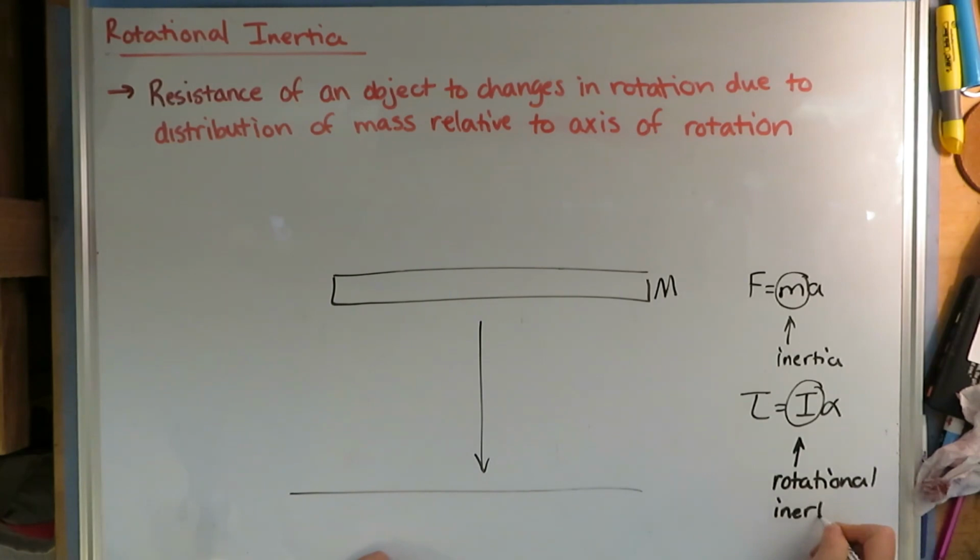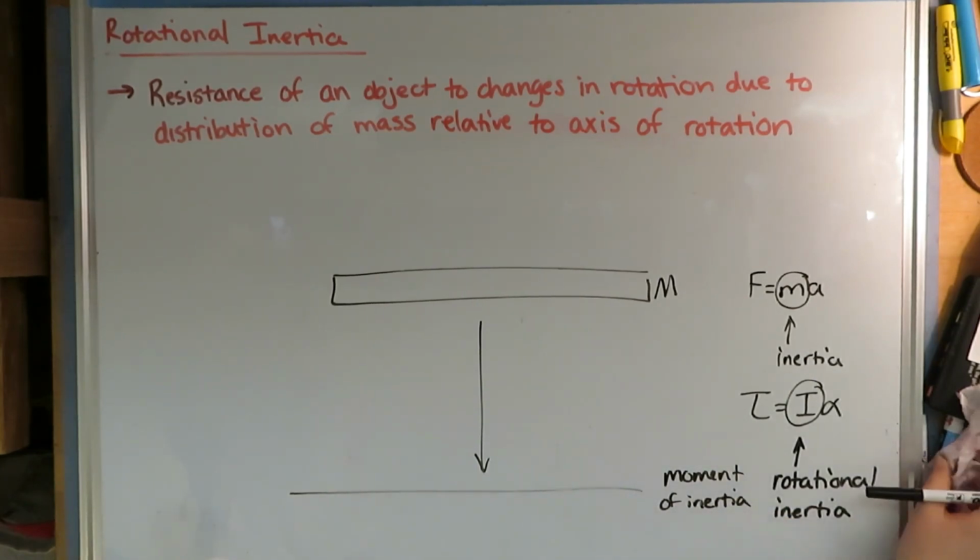Rotational inertia is also sometimes called the moment of inertia, and I tend to use moment of inertia more often because it shows up a lot more in the Physics C texts, which I'm more familiar with. They're used interchangeably, so I'm going to go back and forth between them, but moment of inertia and rotational inertia are essentially the same thing.